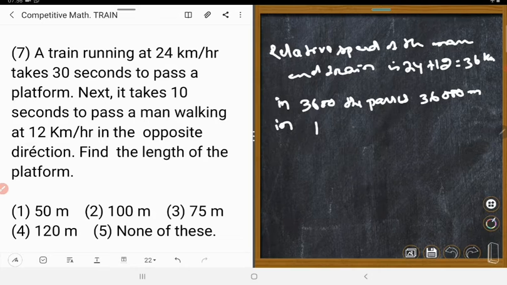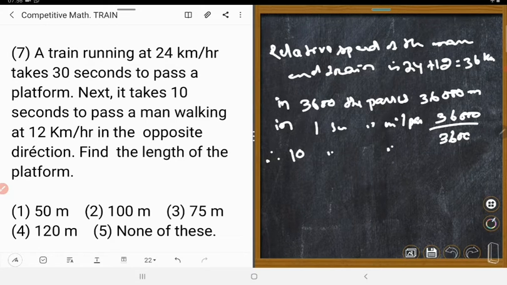In 1 second, the train will pass 36,000 upon 3,600. Therefore, in 10 seconds, that is 36,000 upon 3600 into 10, the double zeros cancel, 36 10, that is equal to 100 meters. The length of the train is 100 meters.